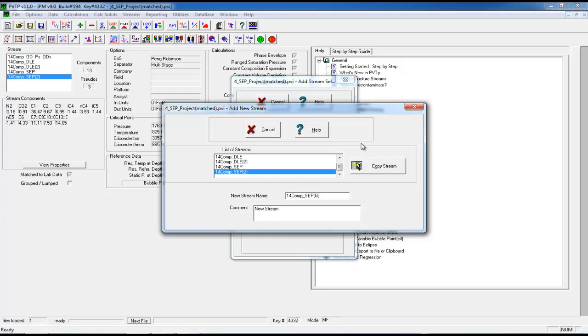However, our lumping step is here. So you will start like this. You will enter your composition and you do the steps, build the equation of state model. Once you have an equation of state model, before matching this, calculate average absolute error. You'll say, okay, I have 5% error.